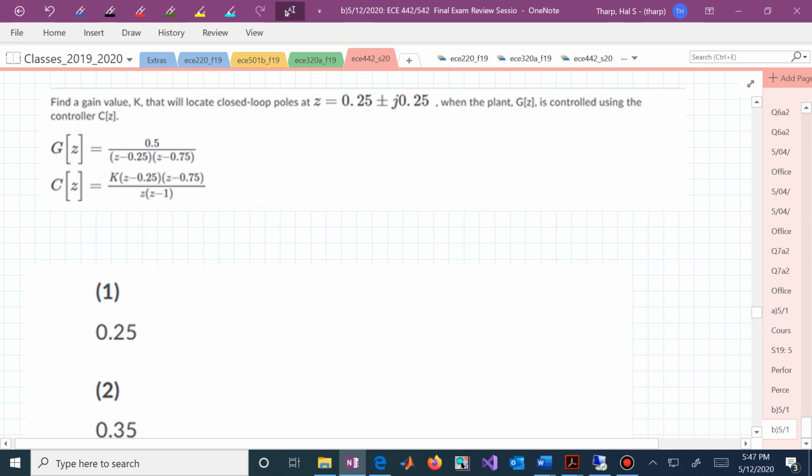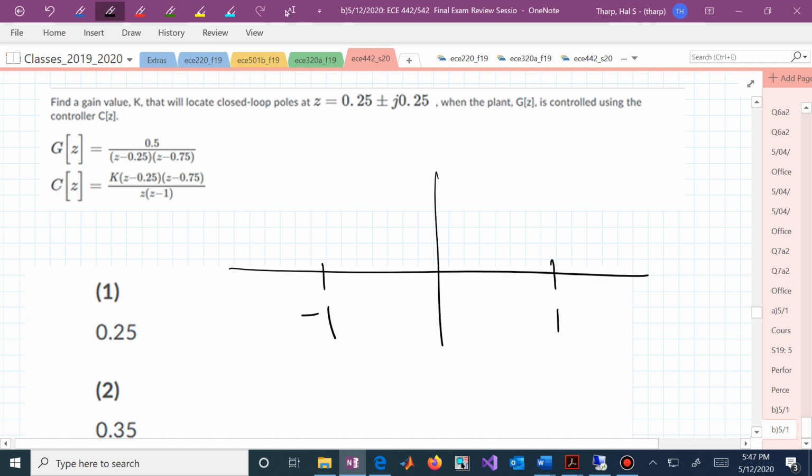Find a gain value K that will locate closed loop poles at 0.25 plus or minus j 0.25 when the plant is controlled using this controller C of Z. Again, start with, and don't get too lost by the factoring, which is what I have a tendency to do. We have poles in our plant at 1/4 and 3/4.